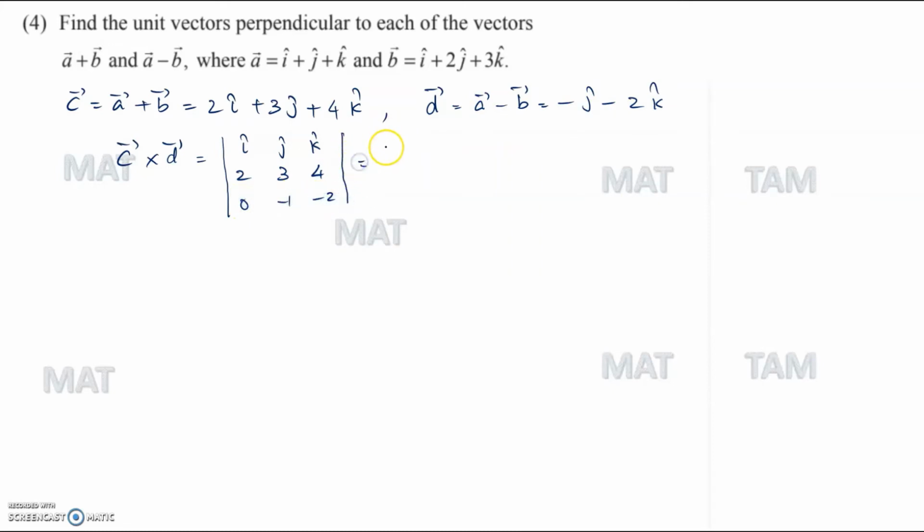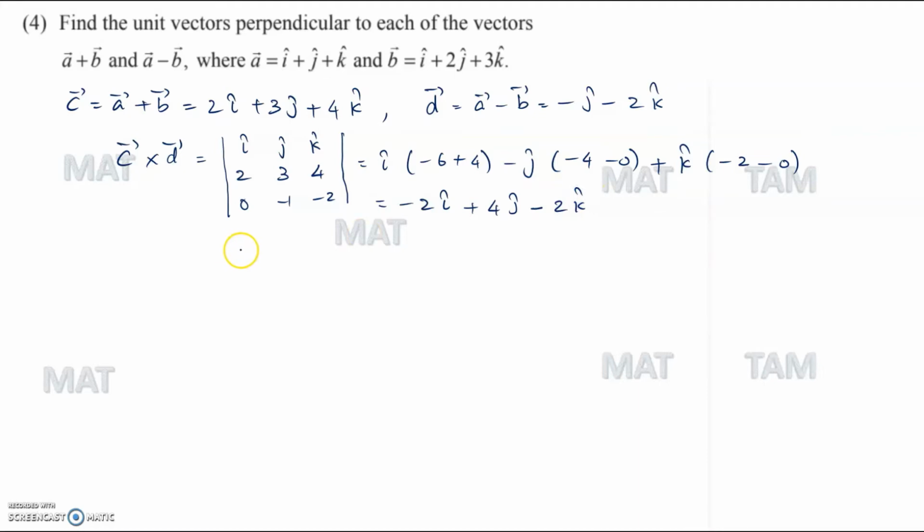So solving this determinant, i cap into minus 6 plus 4 minus j cap into minus 4 minus 0 plus k cap into minus 2 minus 0. So your answer is minus 2i cap, and this will be a plus 4j cap and minus 2k cap.